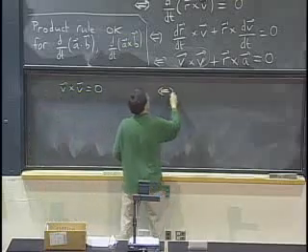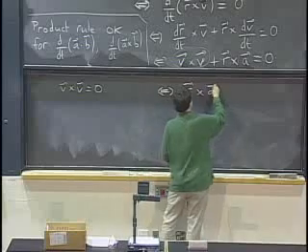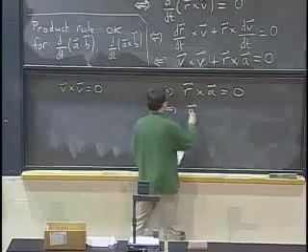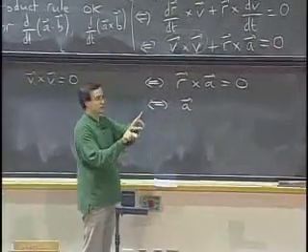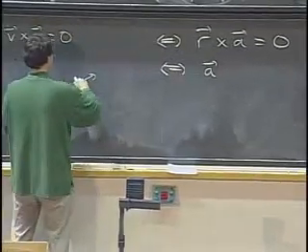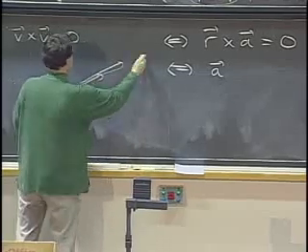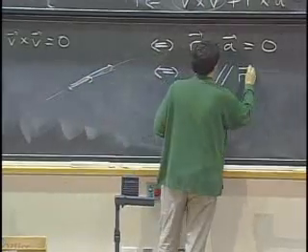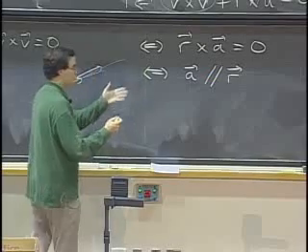So this is the same as r cross a equals 0, and that's the same as saying that the cross product of two vectors is 0 exactly when the parallelogram that they form has no area. And the way in which that happens is if they are actually parallel to each other. So that means the acceleration is parallel to the position.